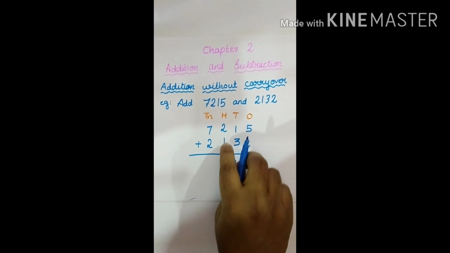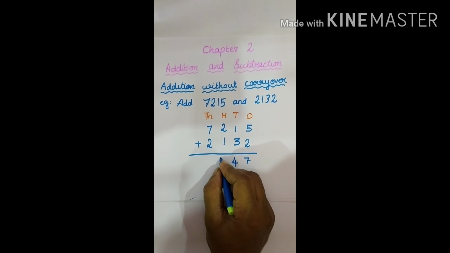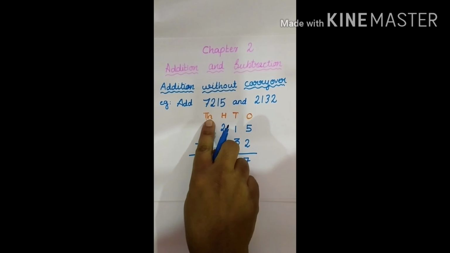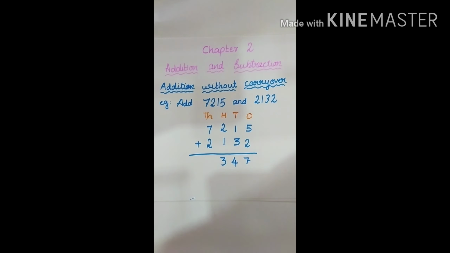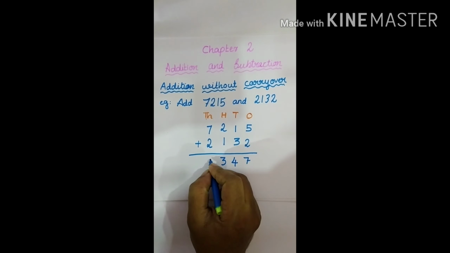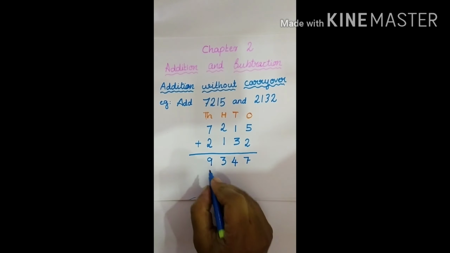We add 2 plus 1 is equal to 3. We write 3 in the hundreds column. Then we go to the thousands. We add 7 plus 2 is equal to 9. We write it in the thousands place. We get the answer is 9382.